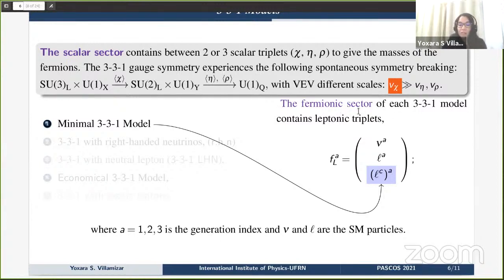The fermionic sector is described by the leptonic triplet, because it is the representation of the 331 models. The first two components in the leptonic triplet are the same particles as in the standard model, and the third component changes depending on the model. For instance, in the minimal model, you can see the conjugate charged lepton.